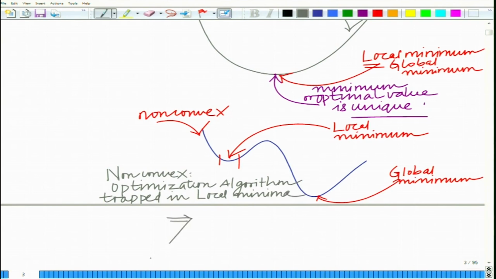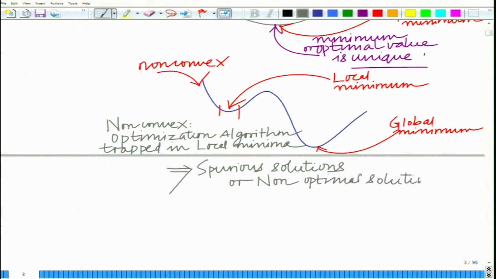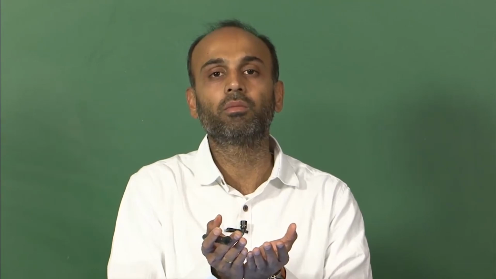This implies you have spurious or non-optimal solutions, and this is precisely because whatever is a local minimum for a convex optimization problem is a global minimum.